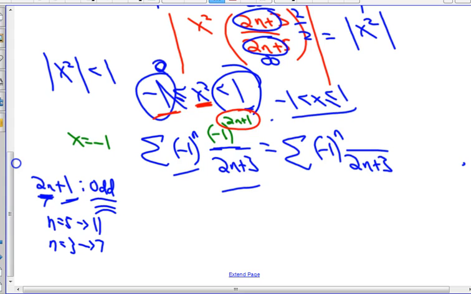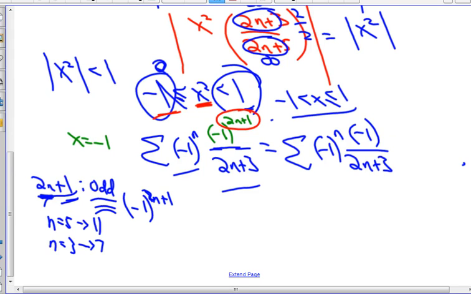So for any integer value, when you put it into 2n plus 1, you get out an odd number. So I basically have -1 to an odd power, which is -1. It's not -1 to the n, not -1 to the 2n plus 1, it's just -1. -1 to an odd power is -1.